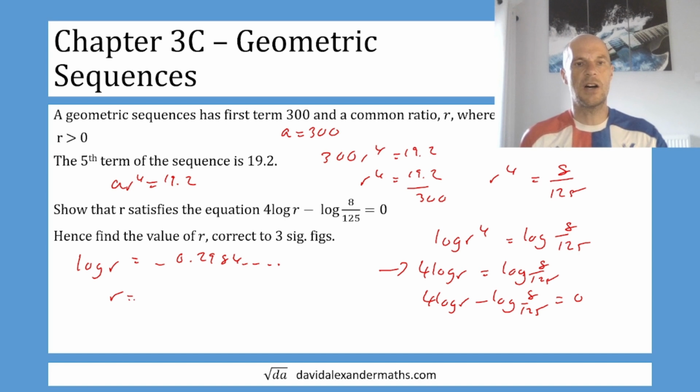So therefore R is going to be 10 to the power of minus 0.2984. So 10 to the power of answer. And therefore we can say R to three significant figures is 0.503. And we're done. Not a very nice one, that one.